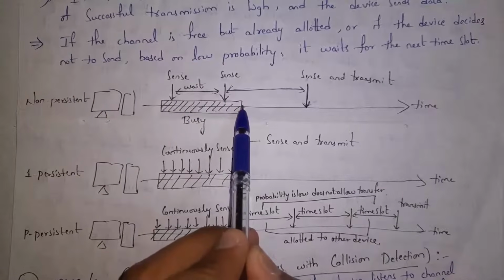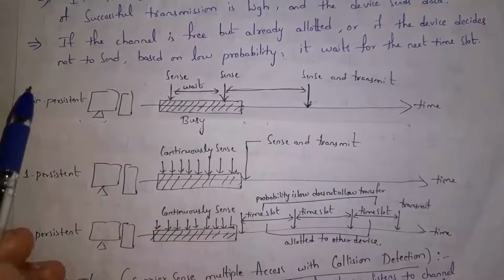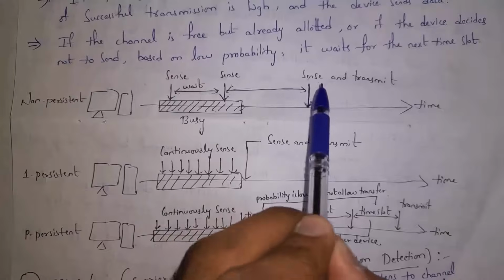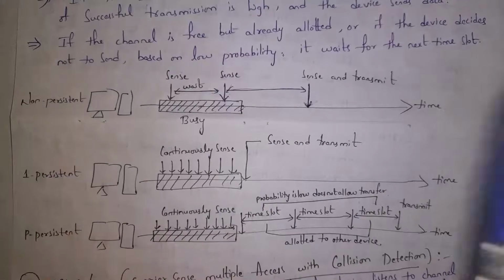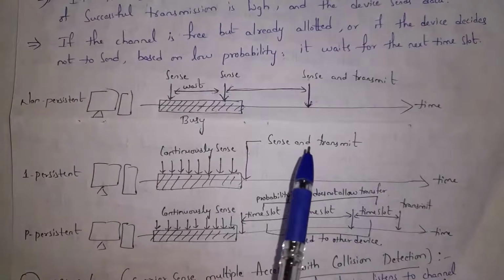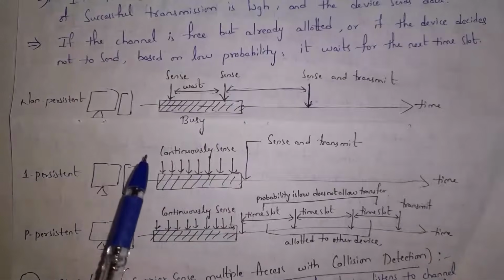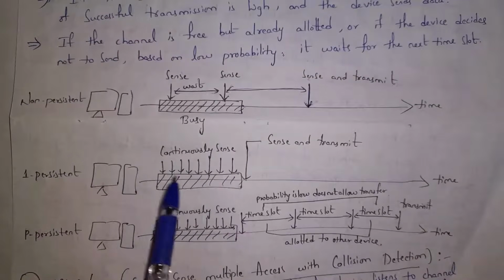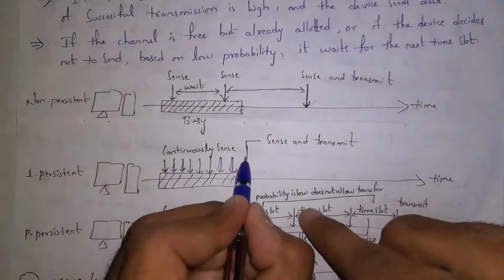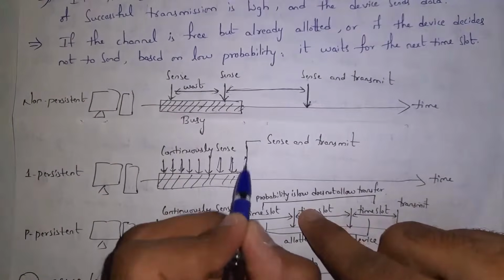Yes, as well in this time period, the channel is free. But in non-persistent CSMA, the device will wait some time and then sense the channel. That is why time will be wasted. Whereas in one-persistent CSMA, if the channel is busy, the device will continuously sense the channel until the channel is free. So here the channel is free, and the device will immediately send data.